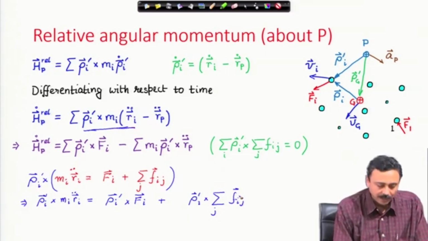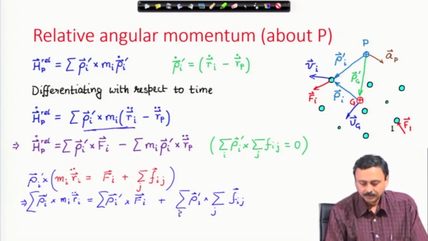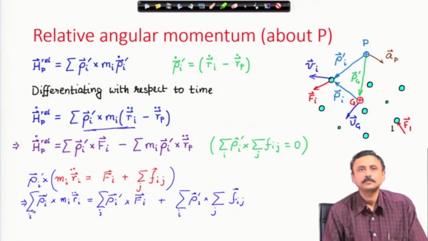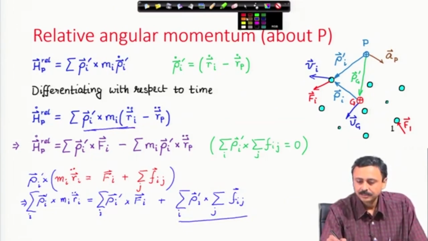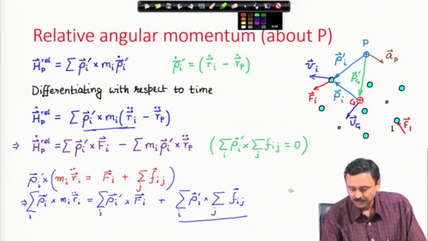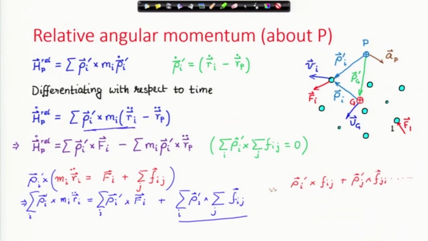Now, I sum this over all i particles. When I do that, this term yields terms like rho_i prime cross F_ij plus rho_j prime cross F_ji and so on, because it is now summed over all i and j, and we know that F_ji is minus F_ij.